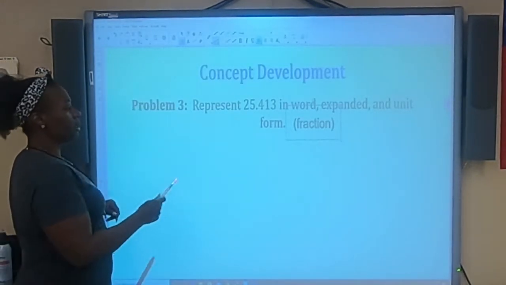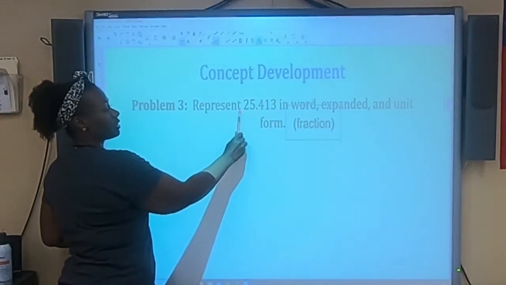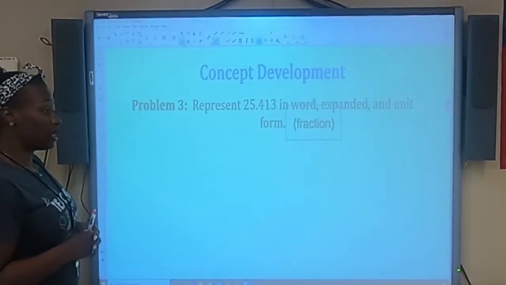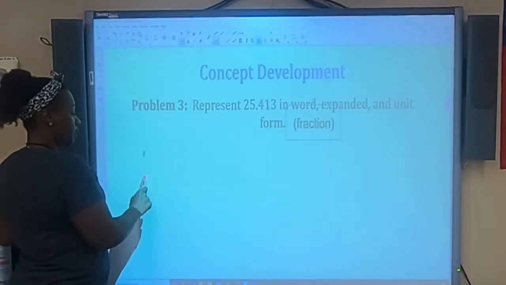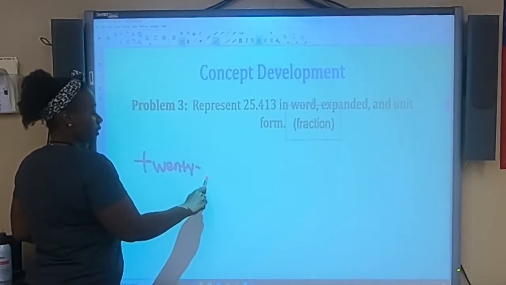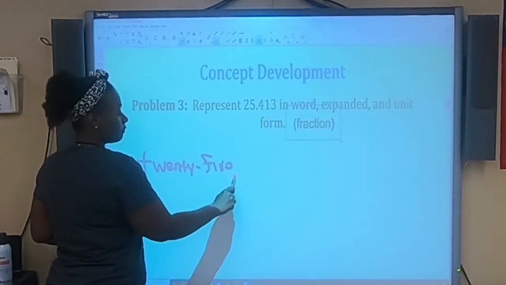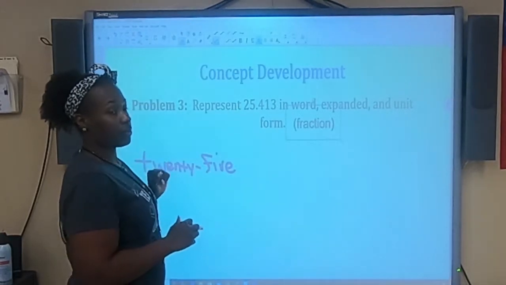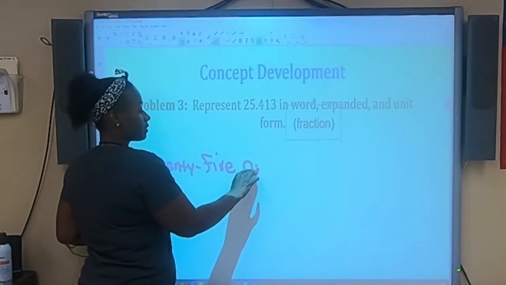First step is I'm only going to look at what's in front of the decimal. So all I see is 25. So the first thing I'm going to write is 25. So in words, I write 25. Anytime I get to that decimal, I always say the word and in its place.